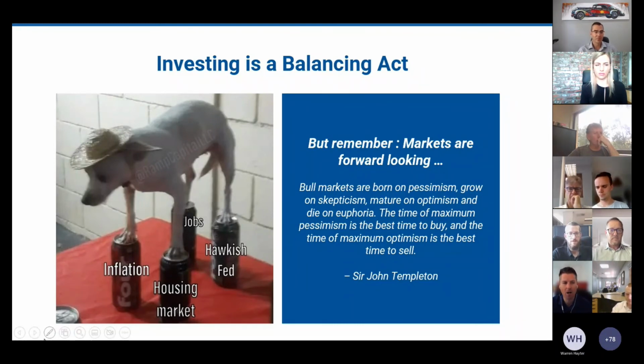So that is something that we are actively looking at. We're not acting on it at the moment, but we are rather looking for opportunities to increase exposure across our portfolios to growth assets, rather than looking to reduce, because clearly we're not in a time of maximum optimism.